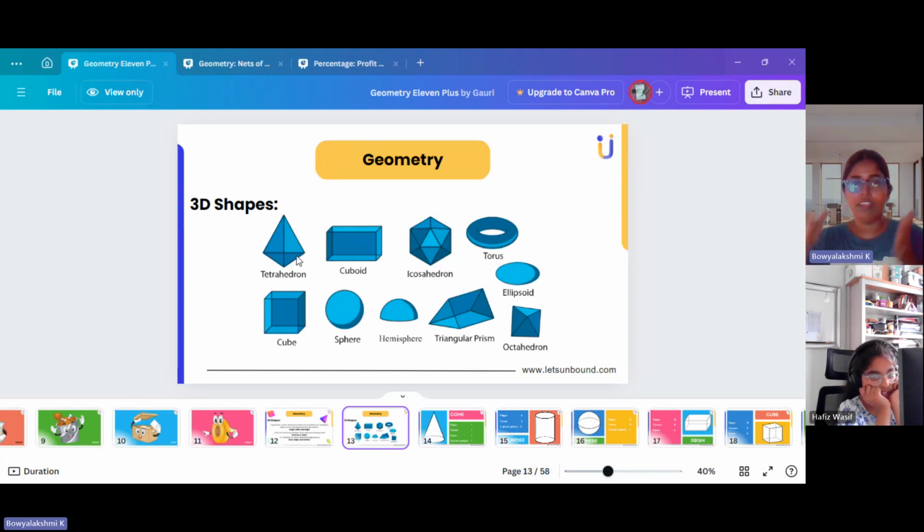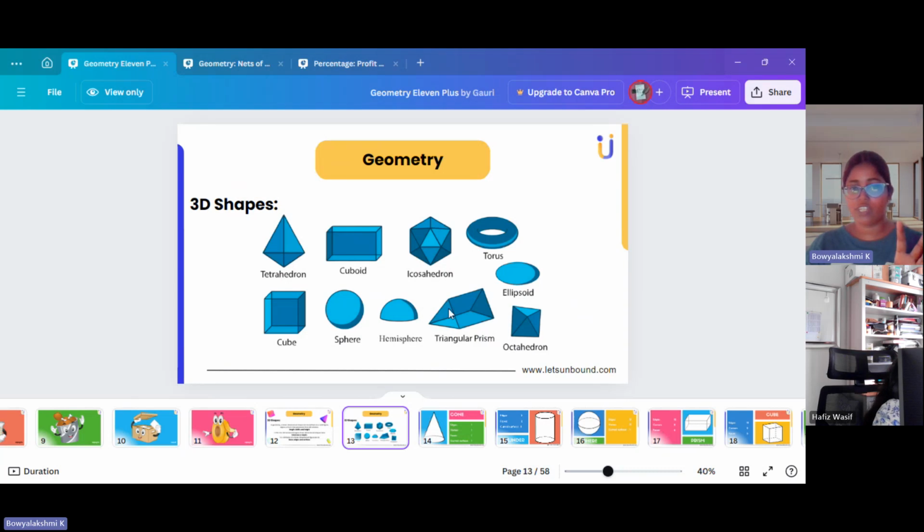The base is also a triangle. All four sides are also triangles. That is a tetrahedron. Cuboid, it's like a box shape. And this icosahedron, it has many sides. All are looking like triangles. And torus, cube, sphere, hemisphere, triangular prism, ellipsoid, octahedron.